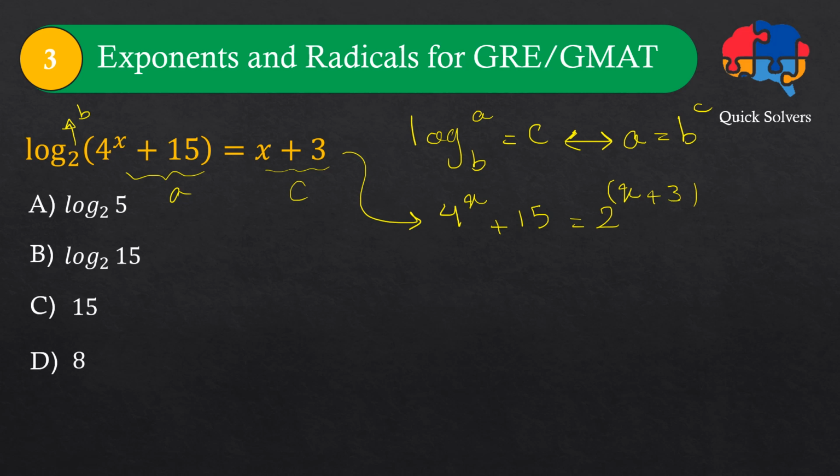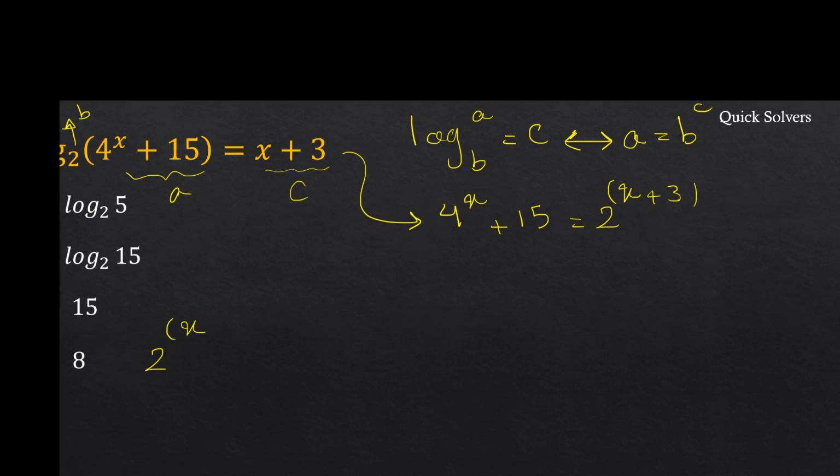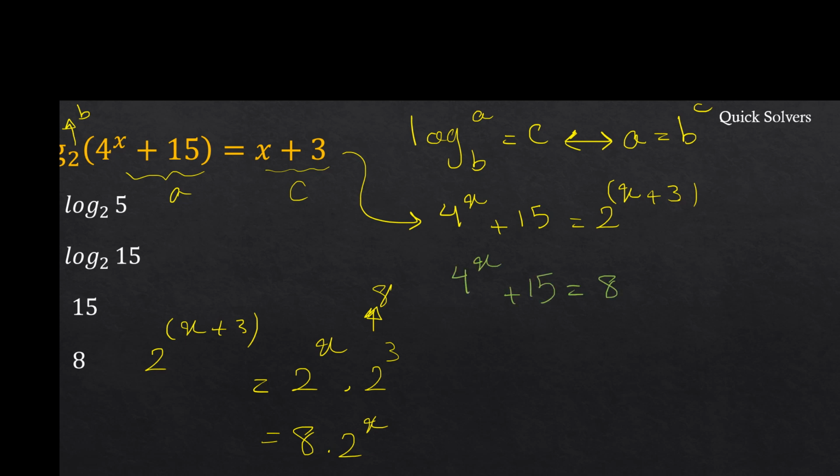And we know 2 to the power of x plus 3 equals 2 to the power of x times 2 to the power of 3. And 2 to the power of 3 is 8, so this equals 8 times 2 to the power of x. So let me replace that here. Well, we have 4 to the power of x plus 15 equals 8 times 2 to the power of x.